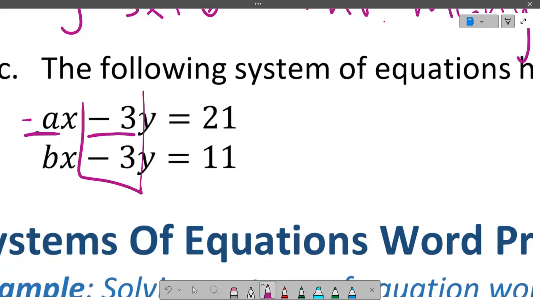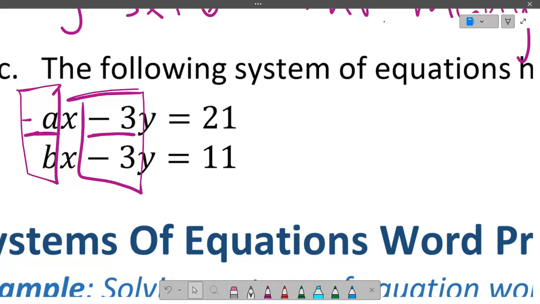That means that these have to be the same, and these have to be the same. Well, these are already the same. So a and b have to be the same. That's the whole process. All right, the ratios have to be the same, which means these coefficients have to be the same, which means these have to be equal. And if these are equal and I divide them, it equals 1.